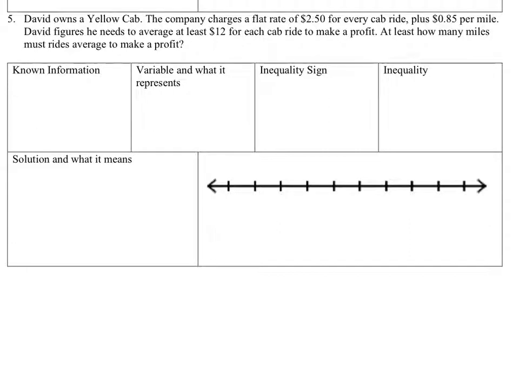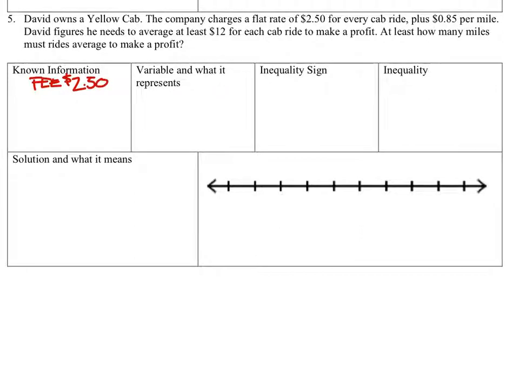Well, David figures he needs to average at least $12 for every cab ride. So let's look at some known information. It's 85 cents per mile. So there's a flat rate in the cab, some kind of fee, which is going to be $2.50.